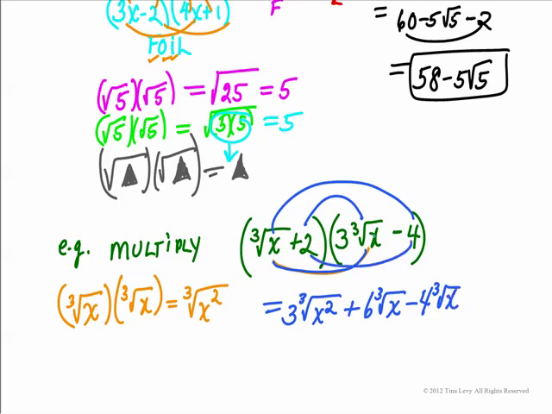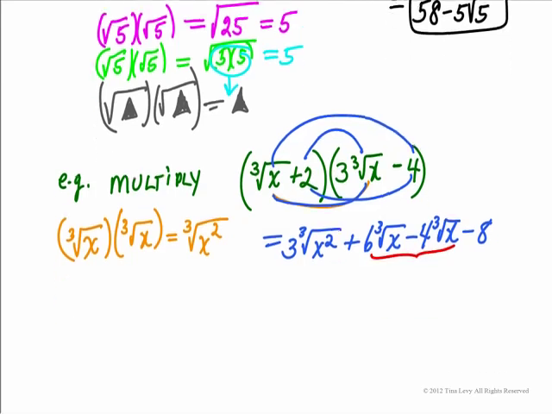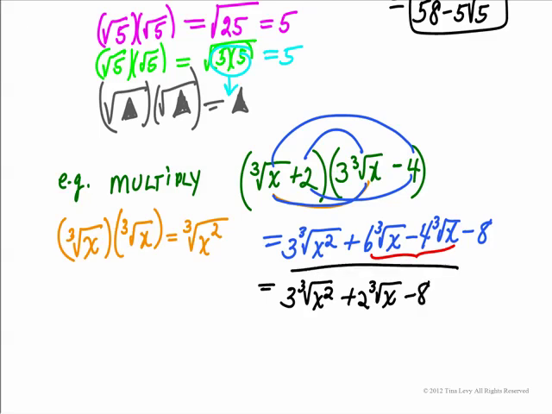And finally, our last, 2 times negative 4 is negative 8. The only things to simplify, the like radicals, are these middle terms. Our final answer for this is 3 cube root of x squared. 6 of these minus 4 is 2 cube root of just x, and then minus 8. So that becomes that result.